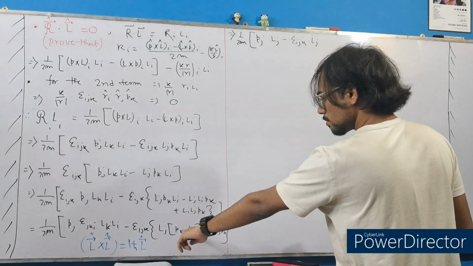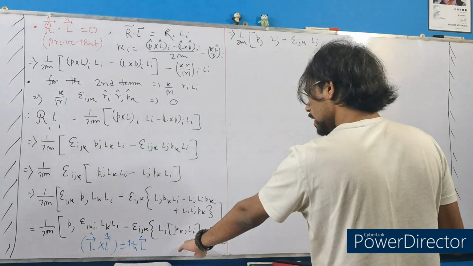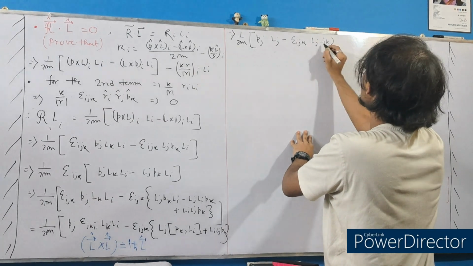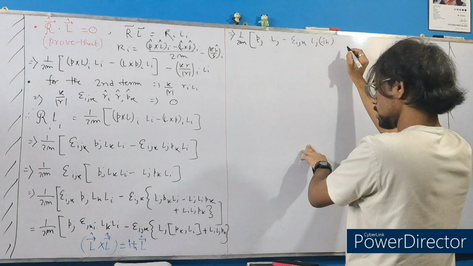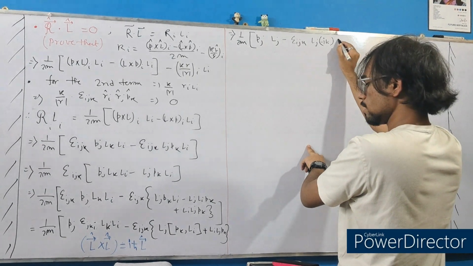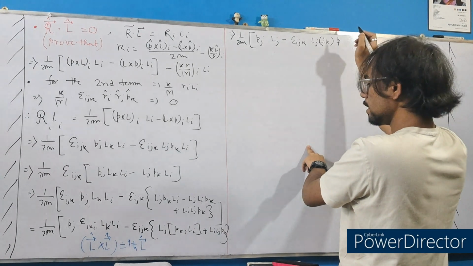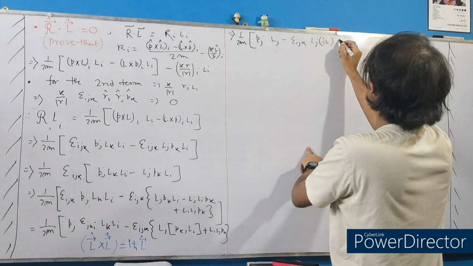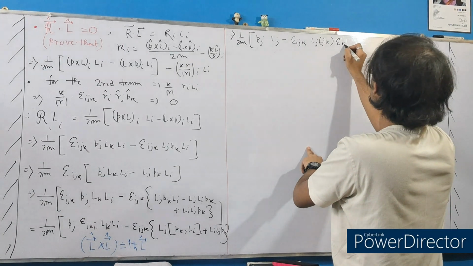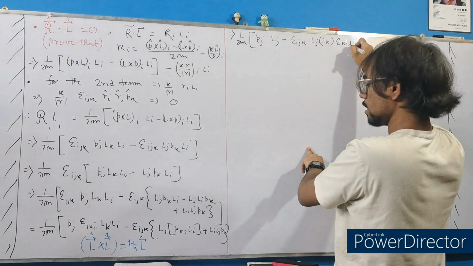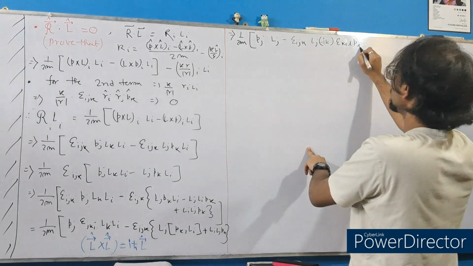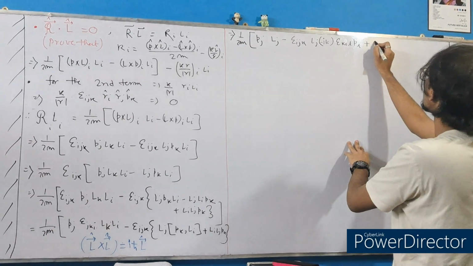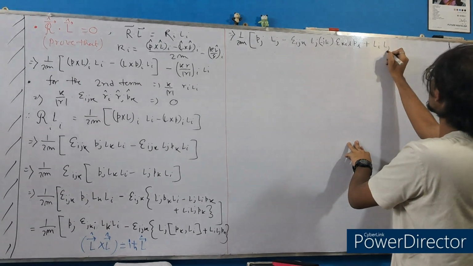Now pk and li will give you minus iħ, let's say epsilon kil PL, okay, and plus Li Lj.